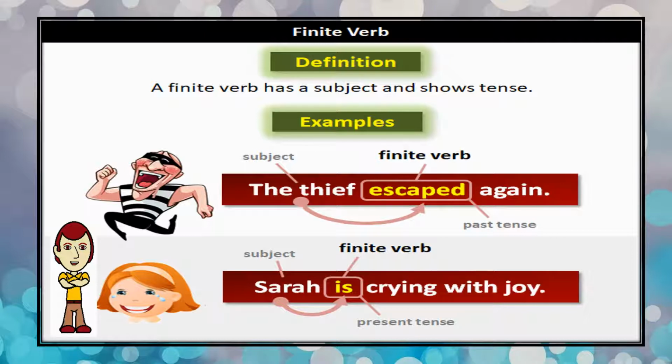Second example, Sarah is crying with joy. Here, Sarah is the subject, is crying is present tense, so it's a finite verb.